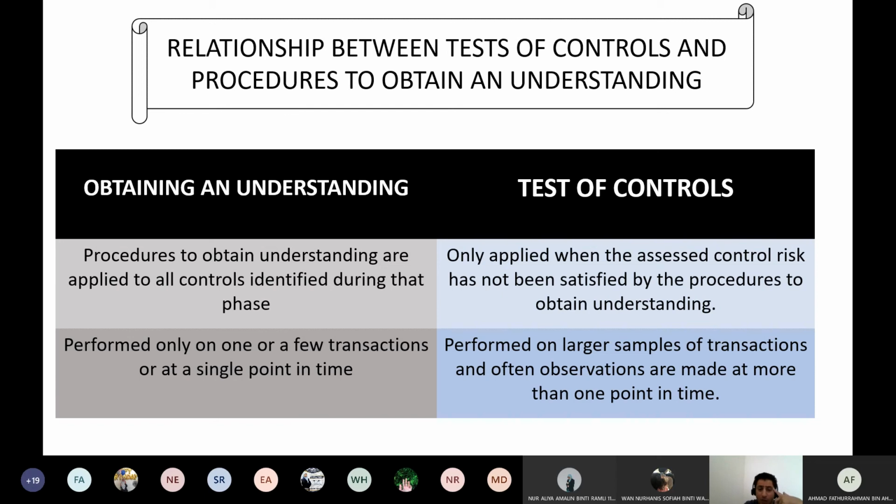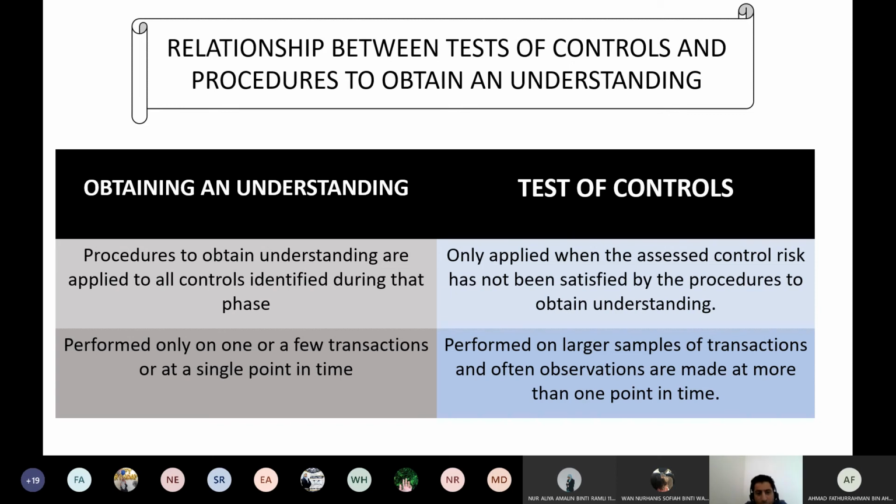So let's say we conduct the understanding of internal control, and we are not satisfied with some specific area, and that area will move to test of control, to extend some test of control, but not all. So only certain areas here.